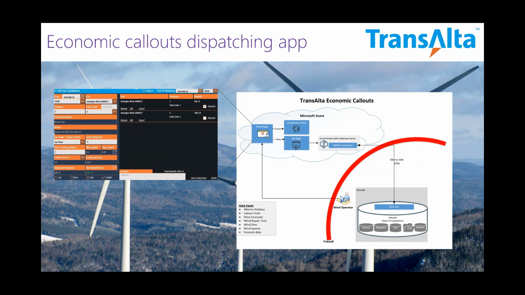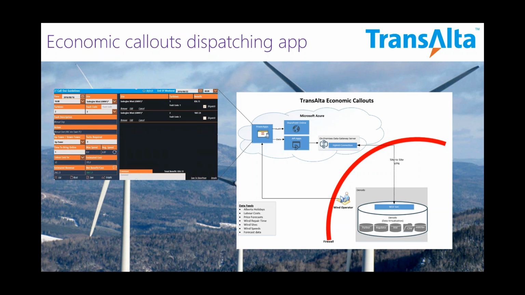They were pulling information from a number of different systems, and you can see some of those listed on this screenshot on the right, that's kind of a diagram. And then you can see the Power App on the left, that small orange and black scenario, and that's where they plug in the different information, and it interacts with all of these different data sources to give them projections about what some of the economic impact would be if they decide to delay sending a team to repair that wind turbine for days or weeks or even months.